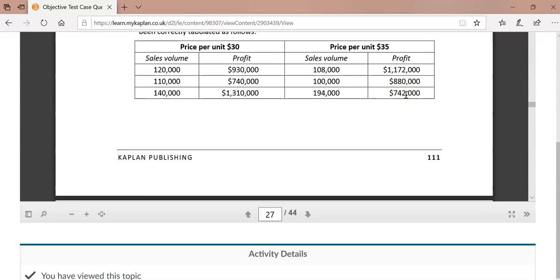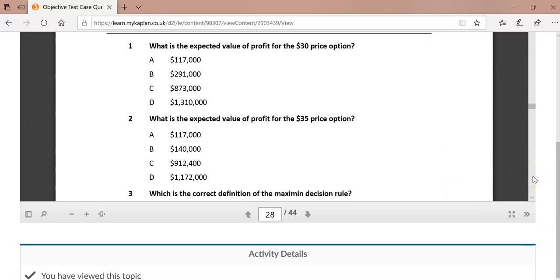So this guy using this rule is going to go for 35 because, worst case scenario, the 742 will pop out. So your answer is 35. Question 4 is B.